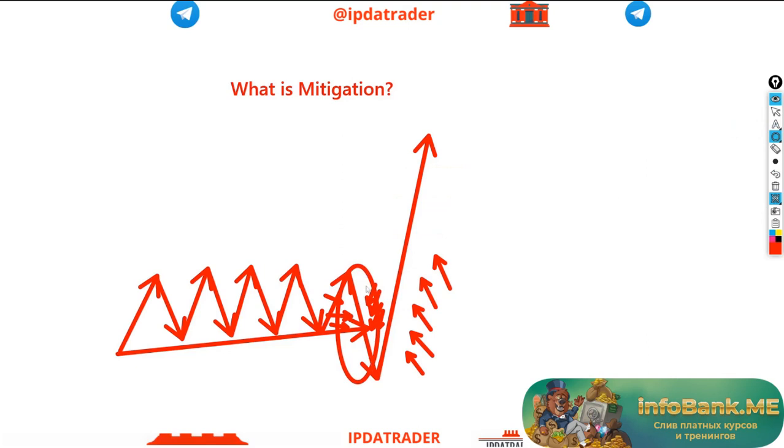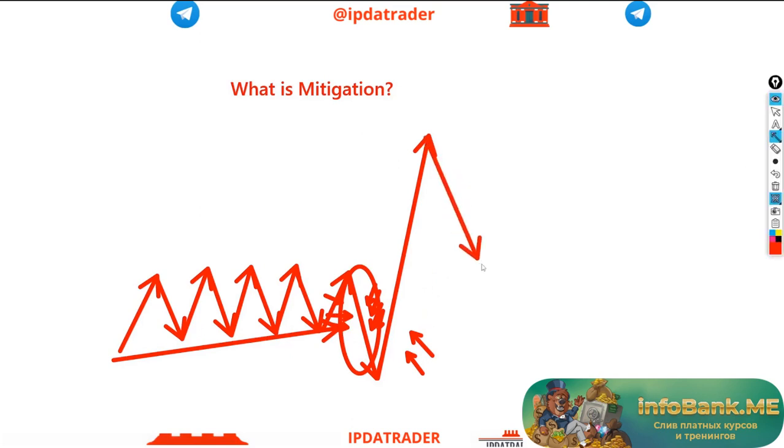Because at the moment, yes, they're making huge money with the buys, but the sales that they have right here, there might be some orders that still need to be closed before continuing. So now this is where mitigation actually comes into play, right? Because now you can justify a potential down move back into this region. You can say, okay, smart money sold here really hard.